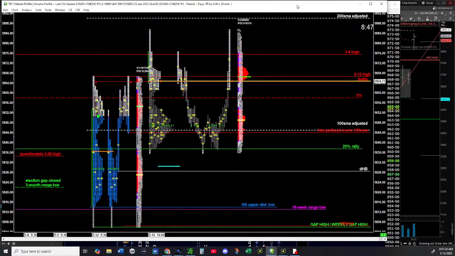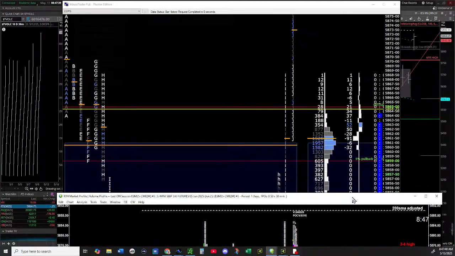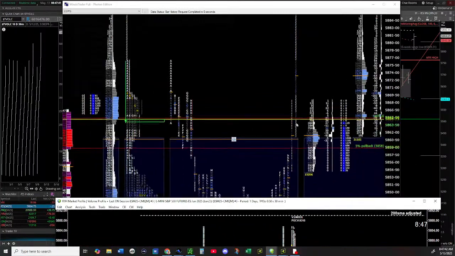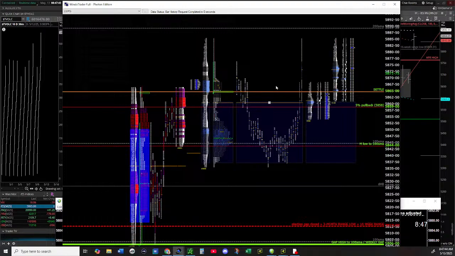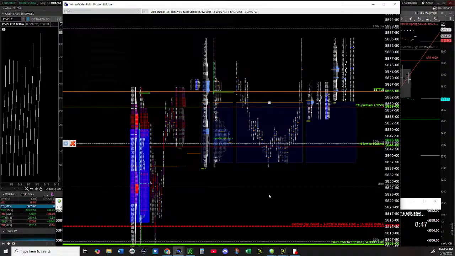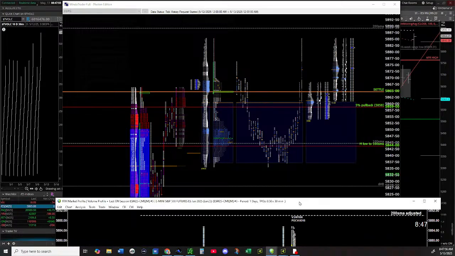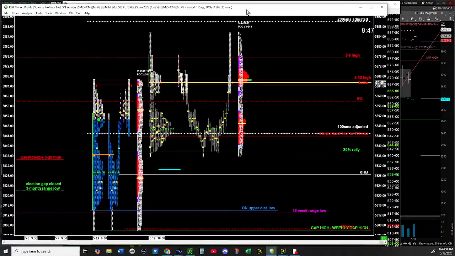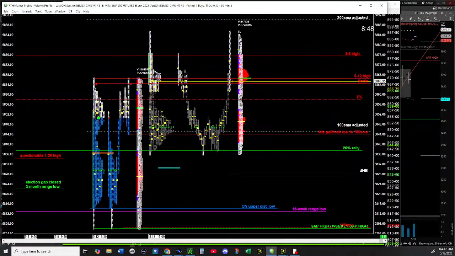The advantage that Windows has is that, just look at this. Right? I'm going to show it to you. I mean, this is a cone, right? If I want to see the volumes here, for example, I need to update this. I need to request data, which I don't have to do in Sierra.